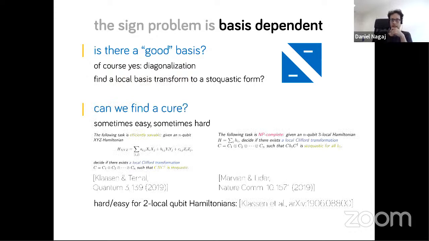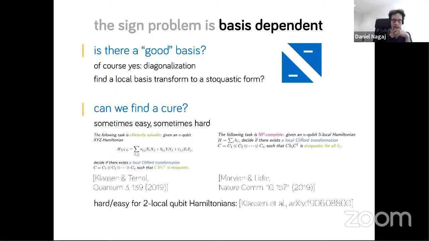So can you do this? Can you find a local transformation that changes a Hamiltonian with off-diagonal elements that are positive and negative into a stochastic one that does not have the sign problem? It turns out this is what other people have done.